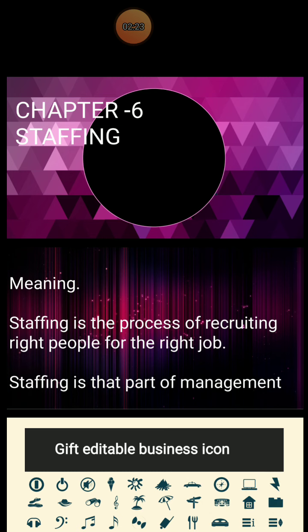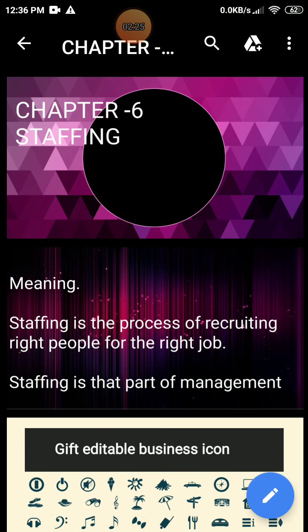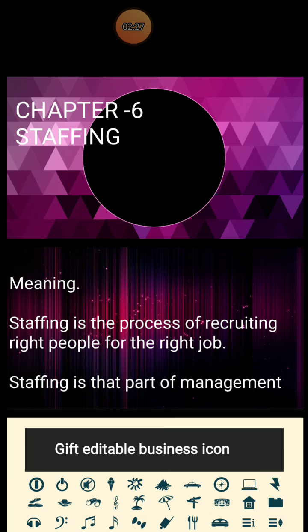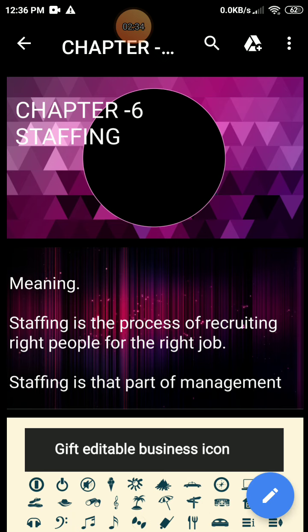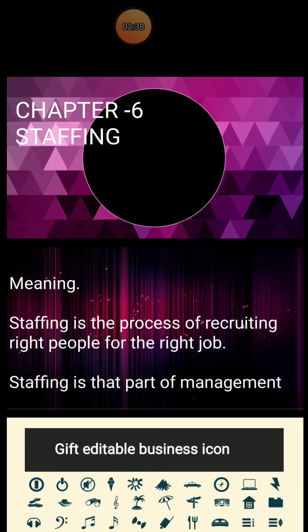So human assets are the most important assets, and you need to choose them in the right way with a lot of precautionary measures. Once you have gone through planning and organizing, the next one is staffing.